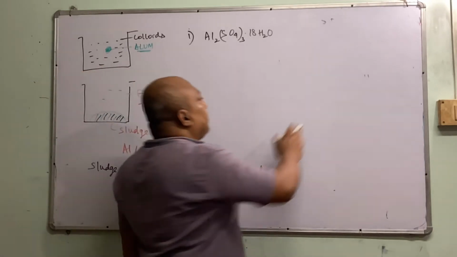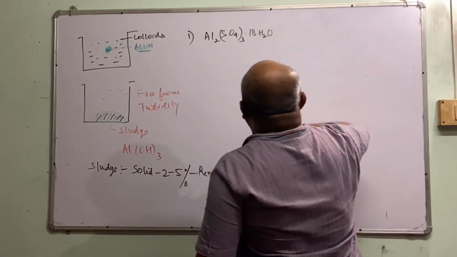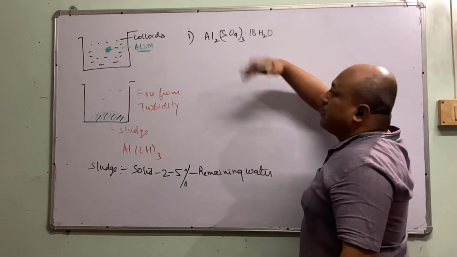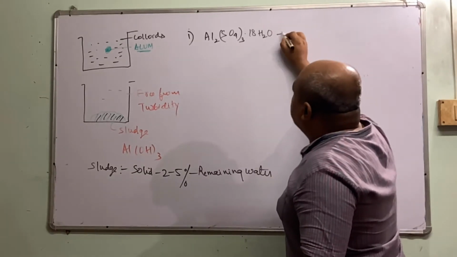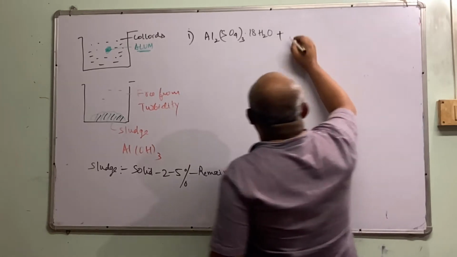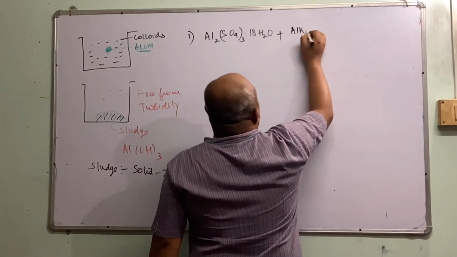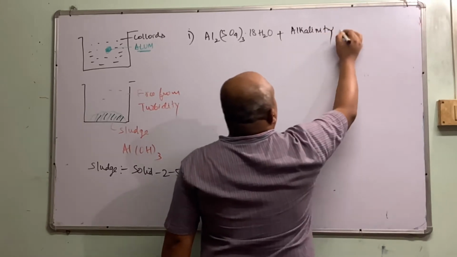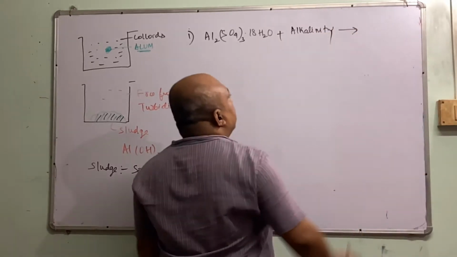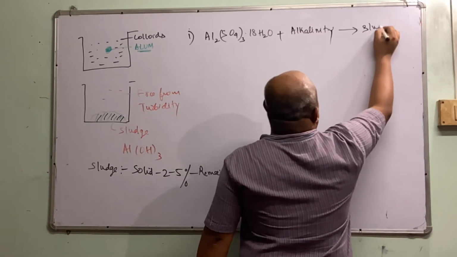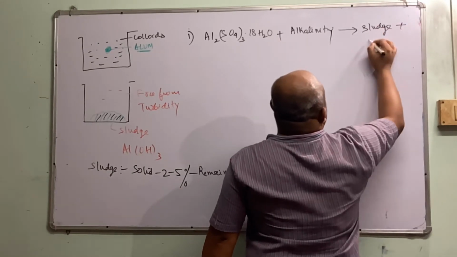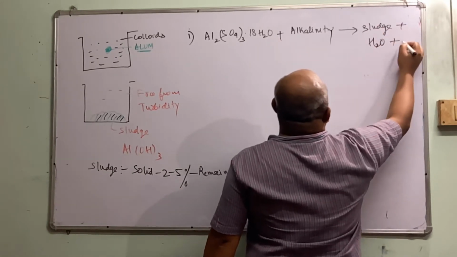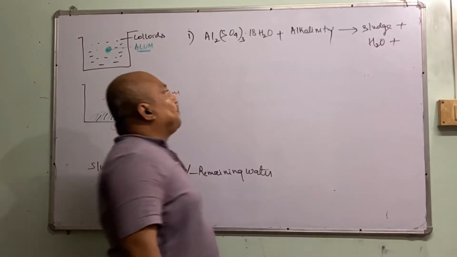So this alum, what happens is, when you mix it with the colloids, it also consumes some alkalinity. It consumes, because alkalinity is a very, very common thing in water, and it forms some product. A sludge will be there, plus some water molecules may be there, and something else will be there. So let me elaborate.